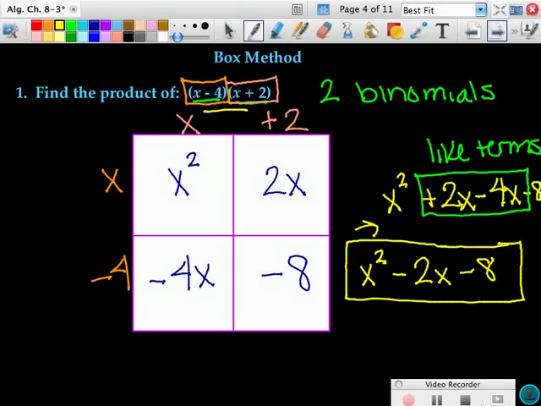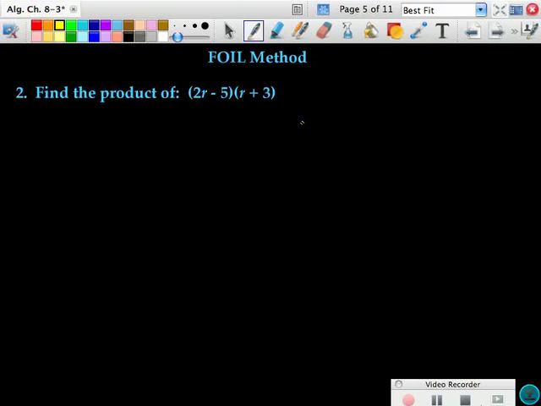FOIL. First of all, here's what FOIL means, okay? F is for first term, and you know what? I should do this vertically, give you some more room. Sorry. All right, so FOIL. F is for first term, and that's inside the parentheses.